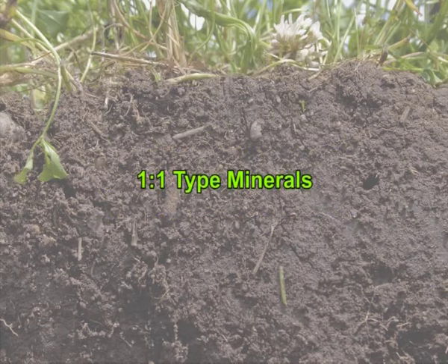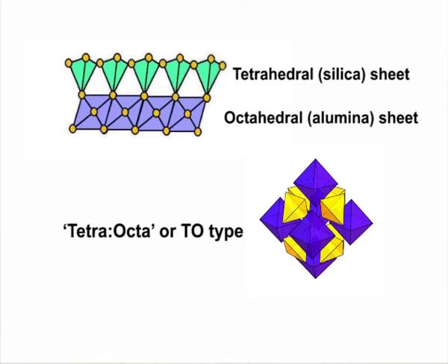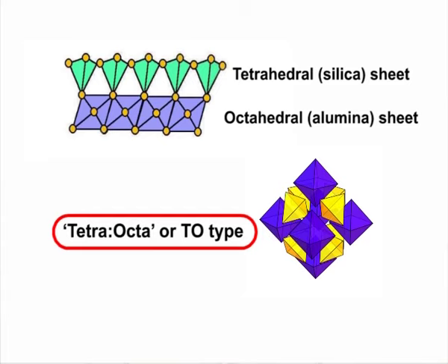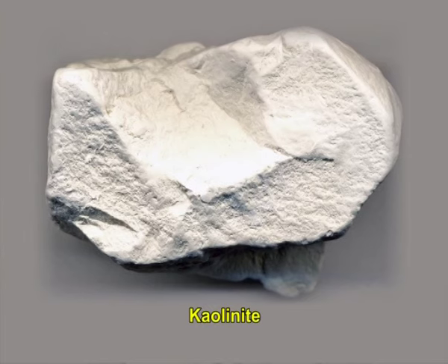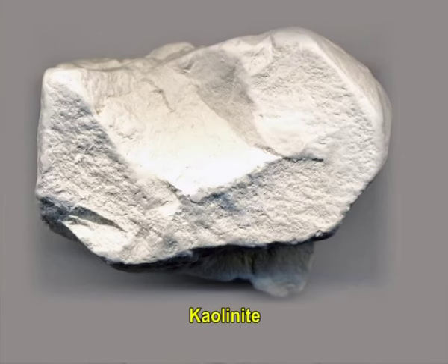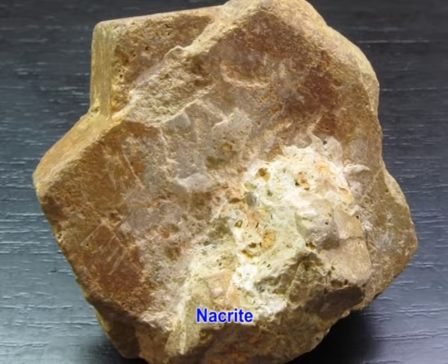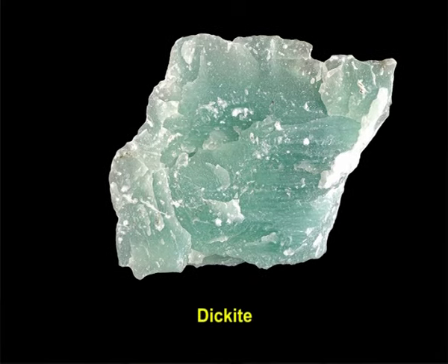1:1 type clay minerals. The layers of 1:1 type minerals are made up of one tetrahedral silica sheet combined with one octahedral alumina sheet, hence the terminology. They are called tetra-octa or TO type. In soils, kaolinite is the most prominent member of this group, which includes halloysite, nacrite and dickite.